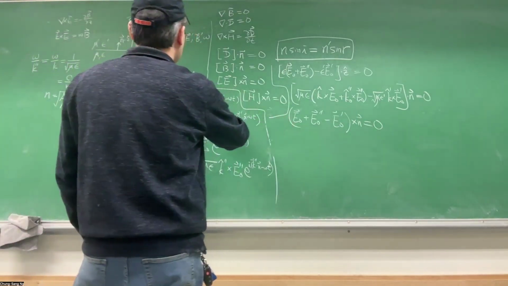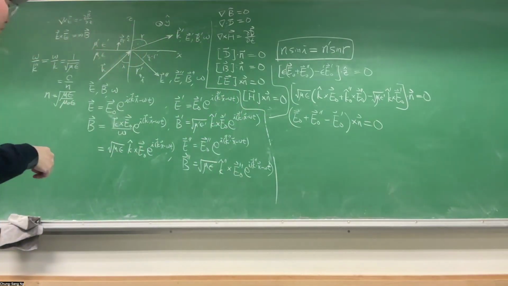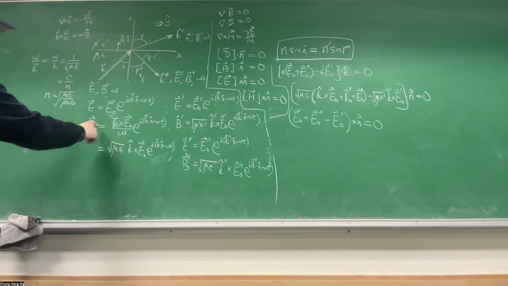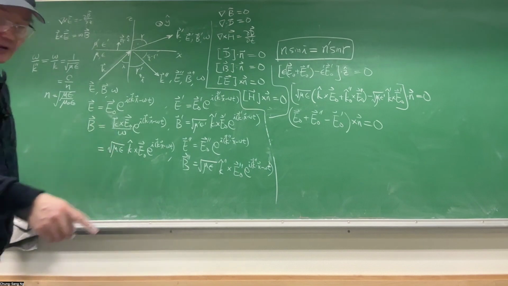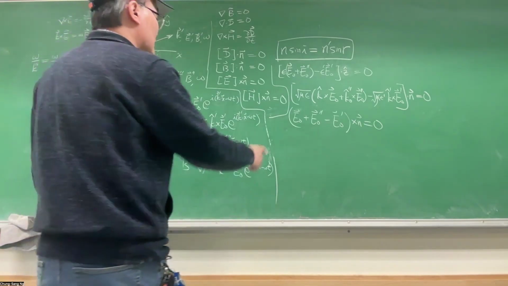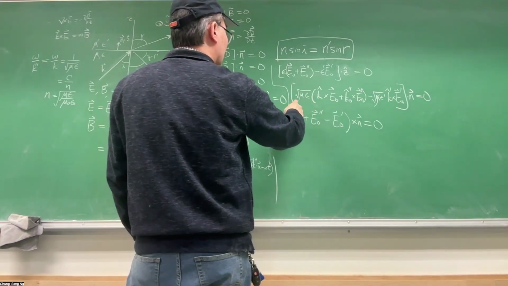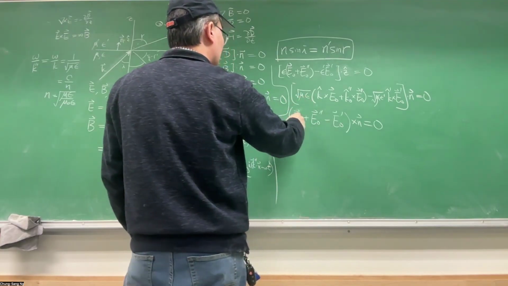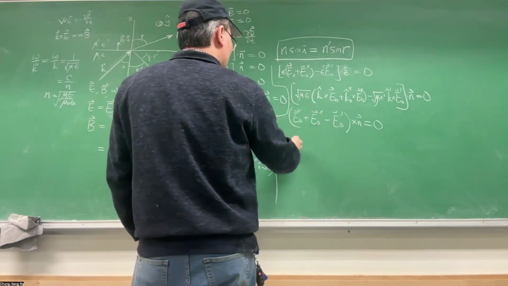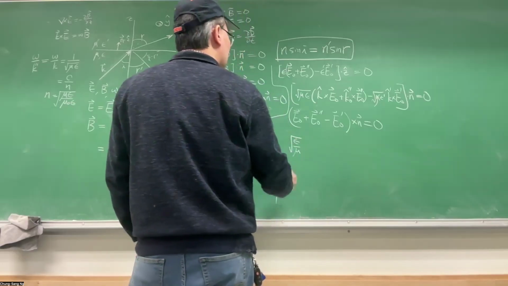Now the last one is H. H is B over mu. So B over mu, you can either say K divided by mu, like Jackson, or if you use my notation, divided by mu, the square root becomes epsilon over mu.